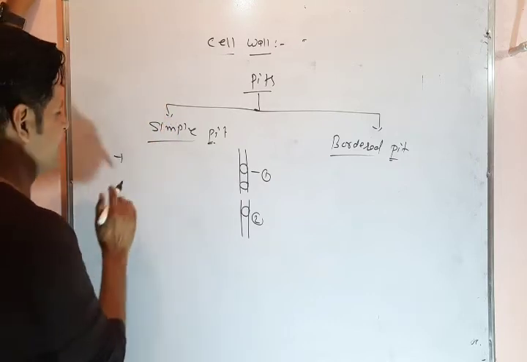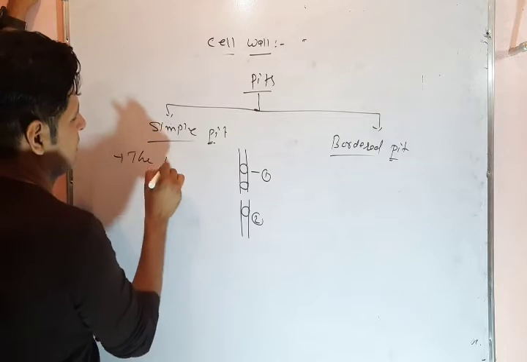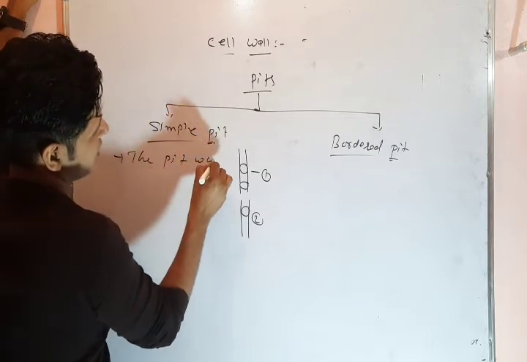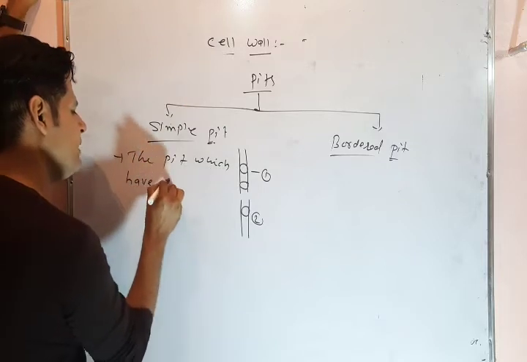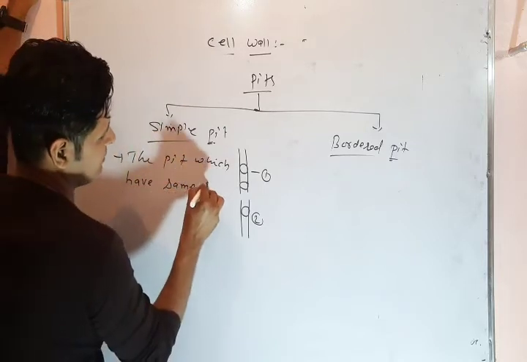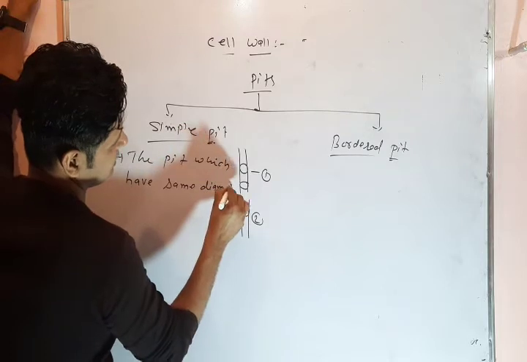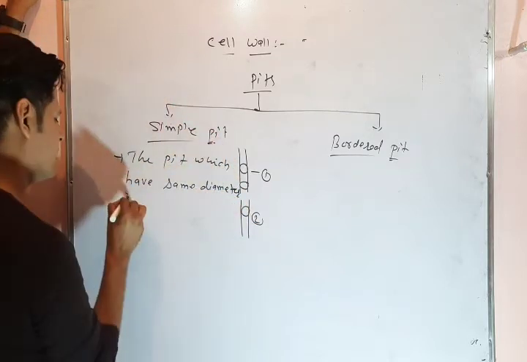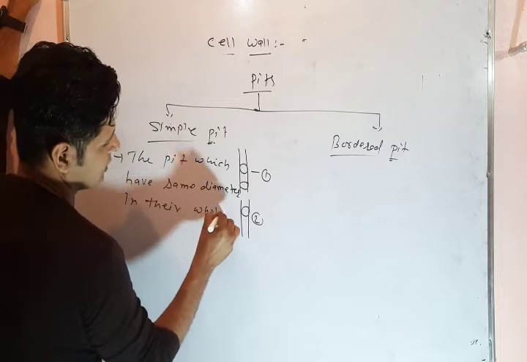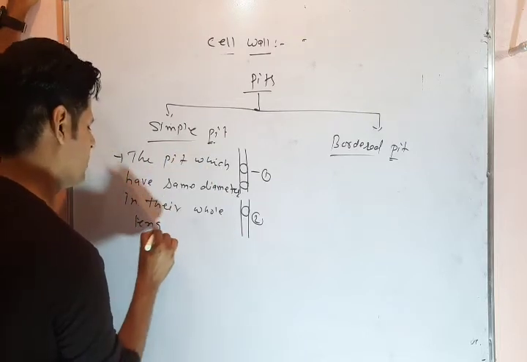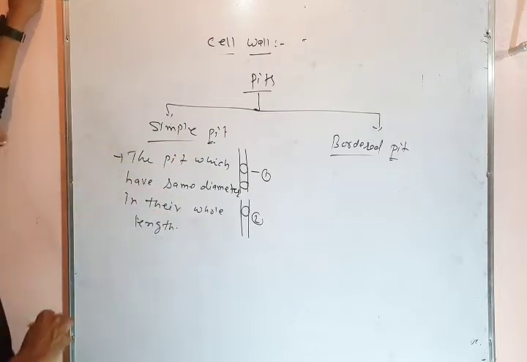So we can define that the pit which has the same diameter in its whole length is known as a simple pit.